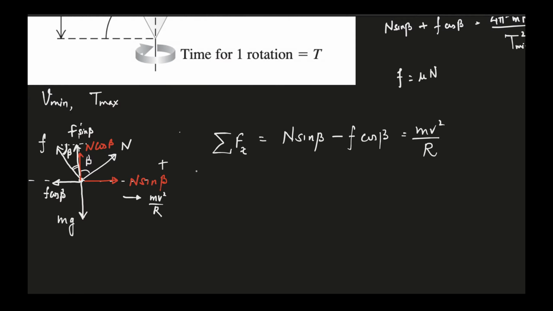Similarly, sigma Fy is f sin beta plus N cos beta minus mg is 0. There is no acceleration along x-axis, sorry, y-axis.